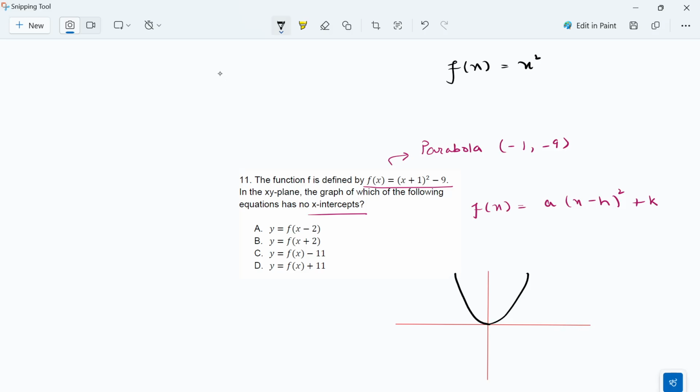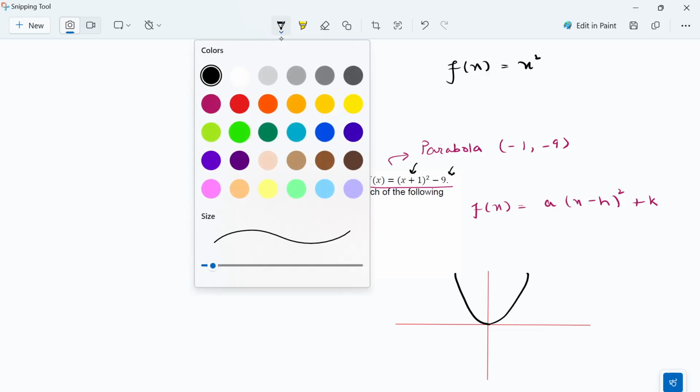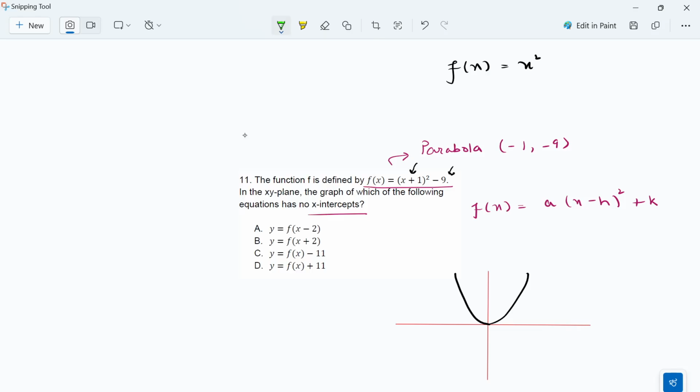But since you have (x plus 1) whole square minus 9, this means that because of this plus 1, the parabola has shifted left by 1 unit, and because of this minus 9, it has been shifted down by 9 units. So right now my parabola has the vertex (-1, -9), and it looks like this.